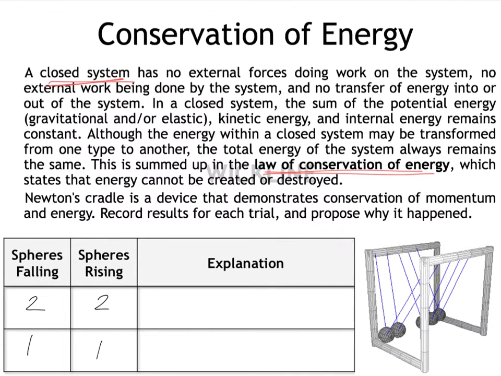So if two spheres fall, you have twice as much energy, which is going to need to go into the other two spheres as they rise. So since the energy of the falling spheres is the energy of the rising spheres, it should not be surprising that if you lift two spheres from the left, upon collision, two spheres from the right would rise.